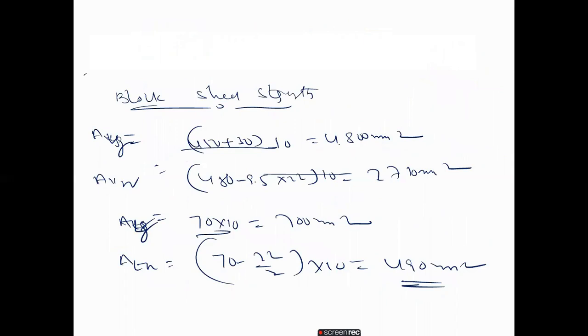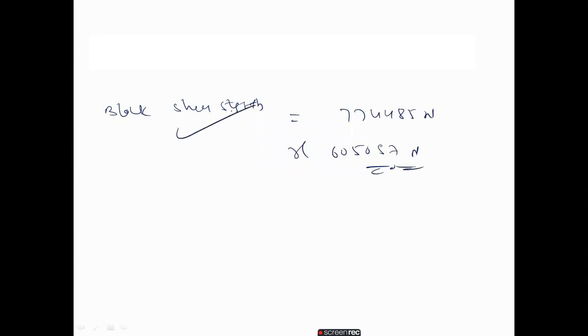Now substitute in the formula for the block shear strength. You will get 774485 newtons and 605057 newtons. Yesterday's class we already discussed block shear strength; please substitute in this formula and you will get it.